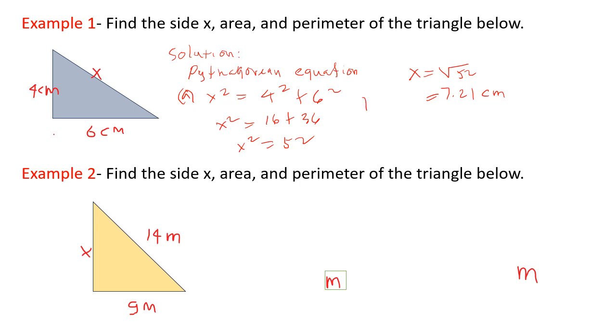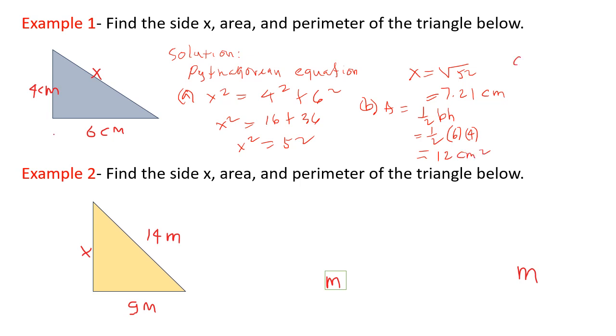Then for letter B, area equals 1/2 BH equals 1/2. B is 6, you have that one 4, equals 12 centimeters squared.